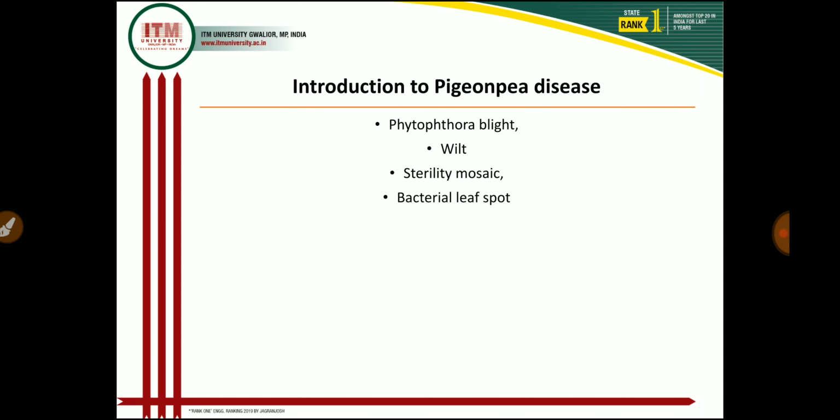So first, introduction to pigeon pea diseases. As you know, pigeon pea is the most important pulse crop in India, and mostly it is used for dal purposes. In India there is a shortage of oil seed as well as pulse crops, and the government of India has given more emphasis to increasing the area and production of pulse as well as oil seed crops.